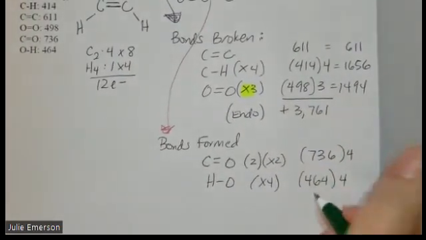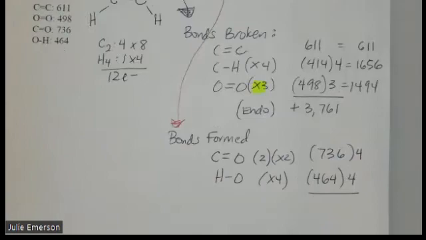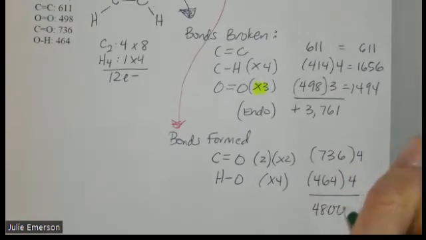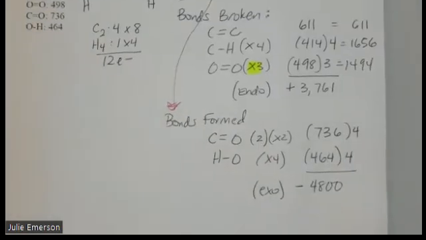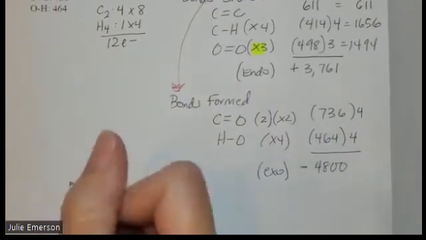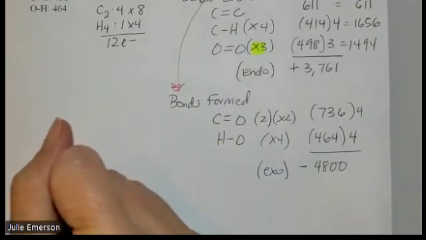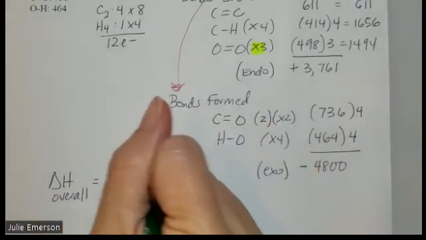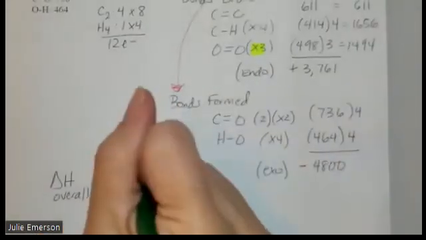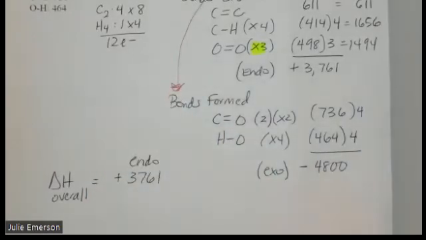Now, this is all exothermic. So let me get you the answer here. So we got 736 times 4, which is 2944. And add to that 464 times 4, which is 1856. And I get 4,800. All right, but this is going to be negative because all of those bonds are formed. So exothermic. So if I want to get my delta H overall, I have to put in 3,761 kilojoules to break up those bonds.